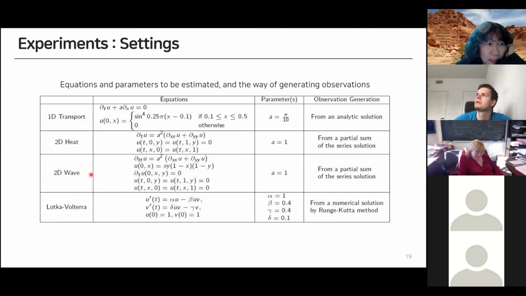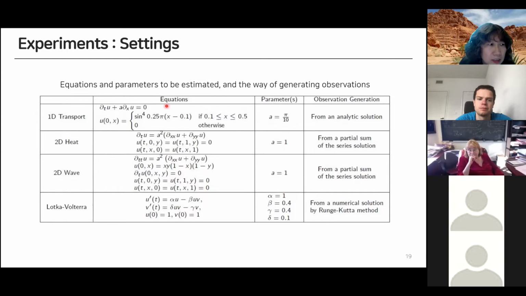We conducted actual experiments on four PDEs: the 1D transport equation, the 2D heat equation and wave equation, and finally the Lotka-Volterra system. When you teach a PDE course to undergraduates, you start with these four fundamental equations. So you have to show your students this new method works very well with these first basic equations. So I start with this.